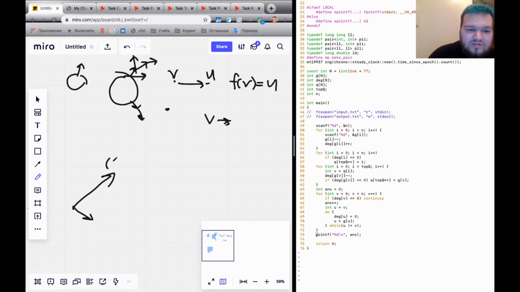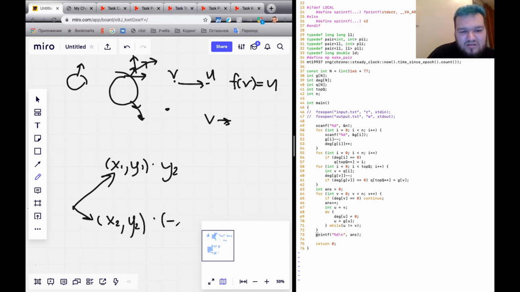So this is x1, y1, and x2. Wait. Let's take this vector with coefficient y2 and this with coefficient minus y1 and take their sum.